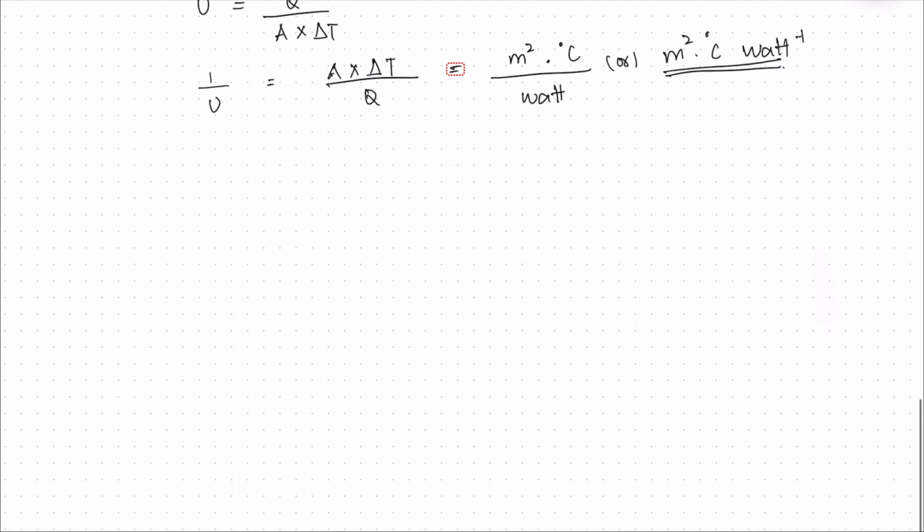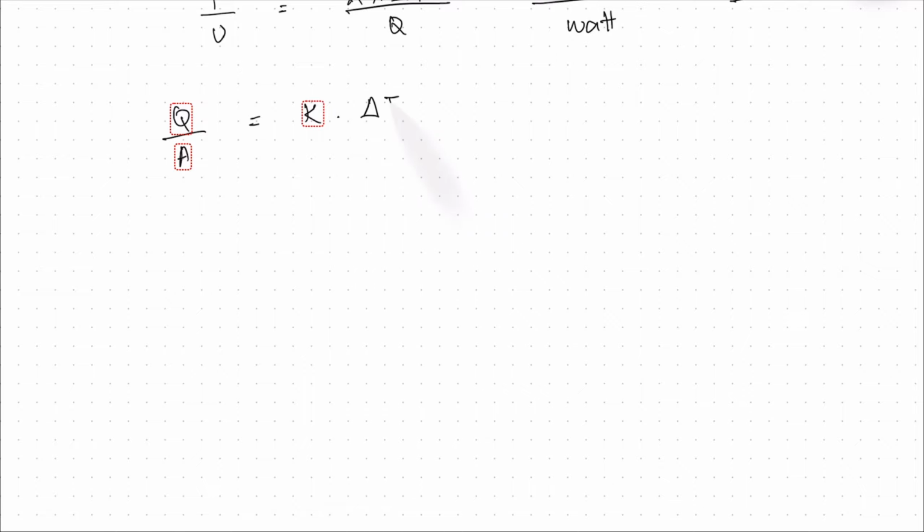So what is the formula that we derived for thermal conductivity? Let's consider Fourier's law, which is rate of flow of heat per unit area is equal to thermal conductivity of that material into temperature difference by the length of the material. This we know from Fourier's law of thermal conduction.